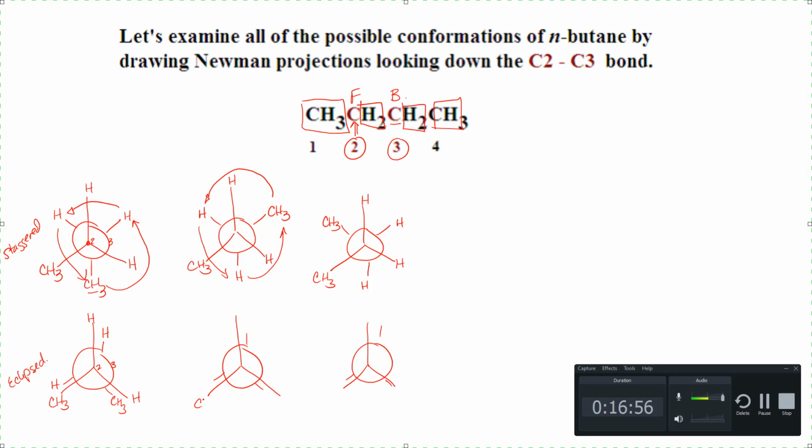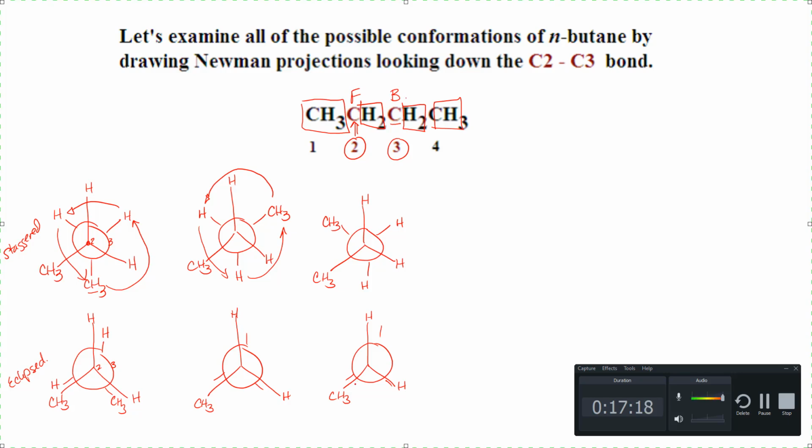So again, I keep the front carbon the same. And you might say, why do you have to keep one of the carbons the same and then rotate the other? And the simple reason is that way you'll generate all three possibilities. If you start rotating the front or the back, you could end up with the same structure.